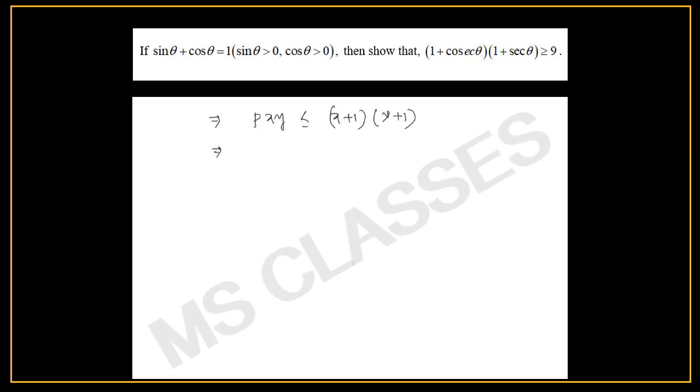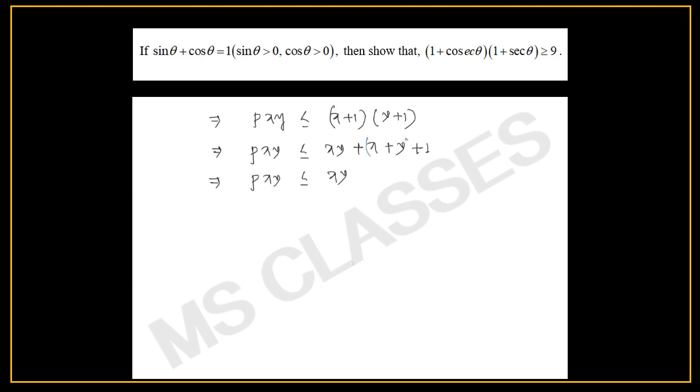Now we can further simplify: Pxy less than or equal to xy plus x plus y plus 1. Now we have seen that sin theta plus cos theta equals 1, that's given in the expression. So automatically x plus y will be equal to 1.